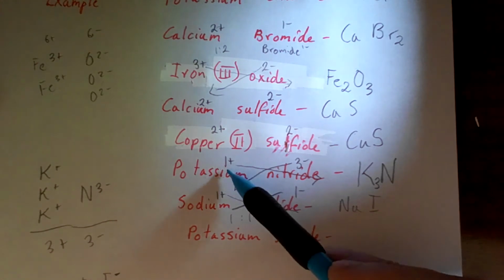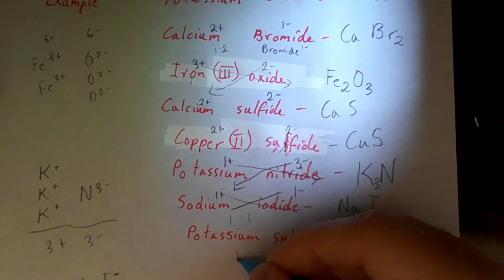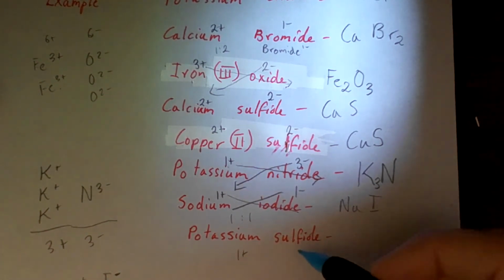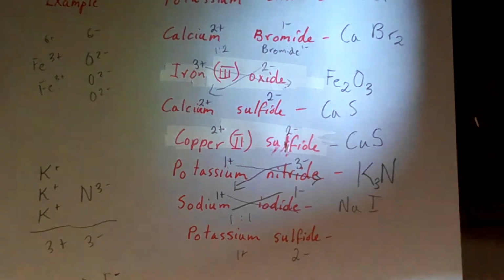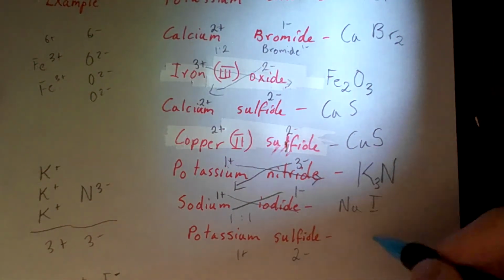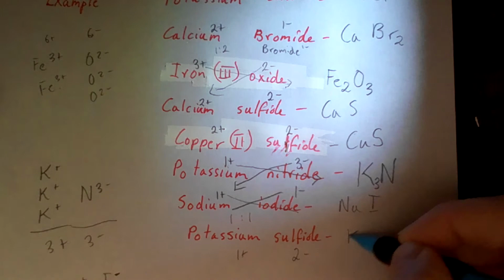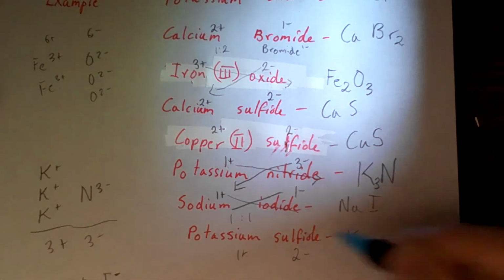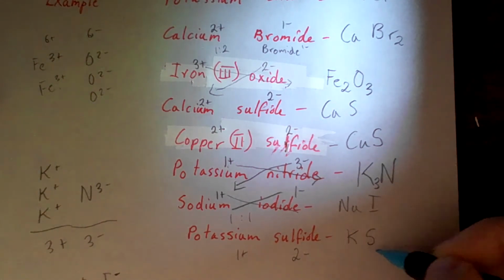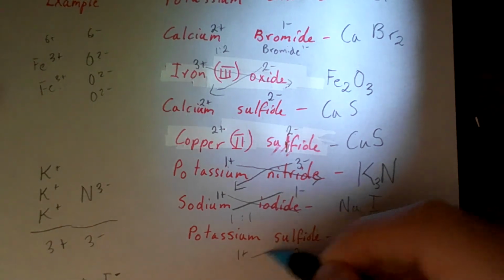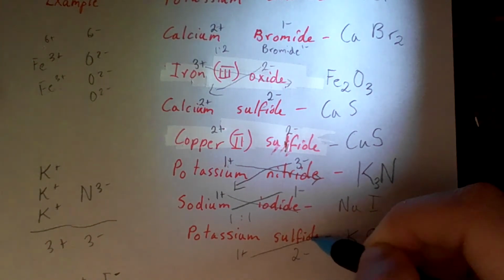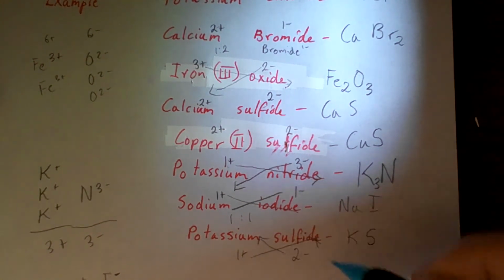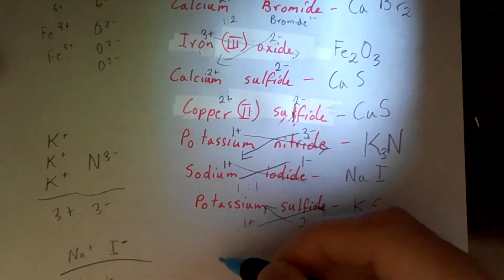Let's do potassium sulfide. Remember, potassium had a 1 plus charge if we look at the periodic table. Sulfide had a 2 minus charge. The symbol for potassium on the periodic table is K. The symbol for sulfide is S. And we can also use the crisscross method. So we have to have 1 sulfide and 2 potassium. So let's do this over here.